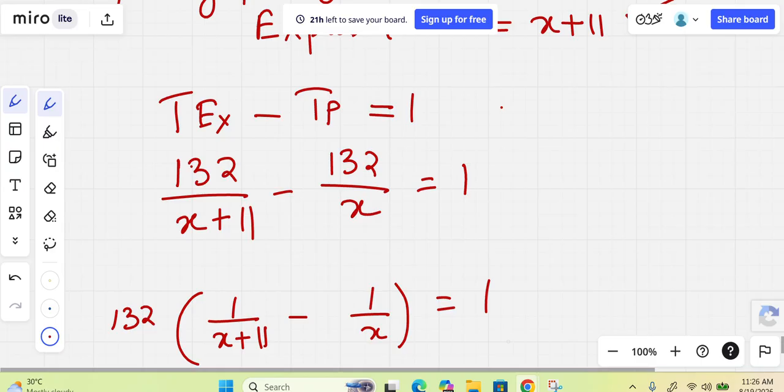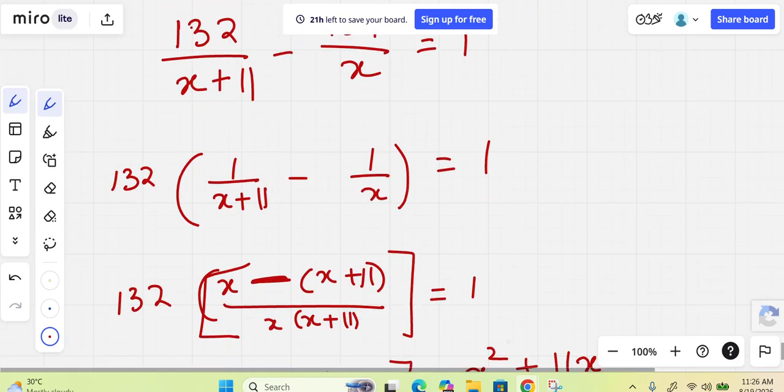Oh, that's also there. But they said time taken by, no? True, true. Was in a hurry.